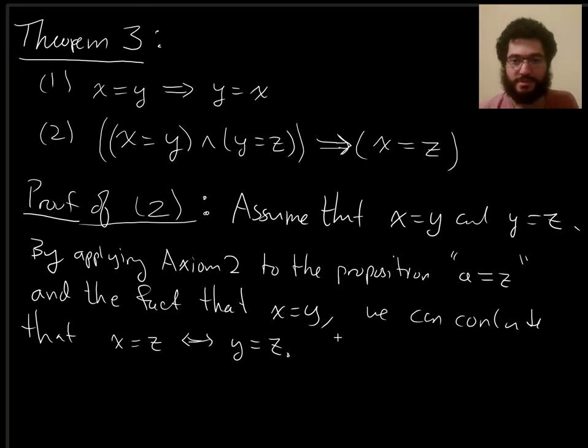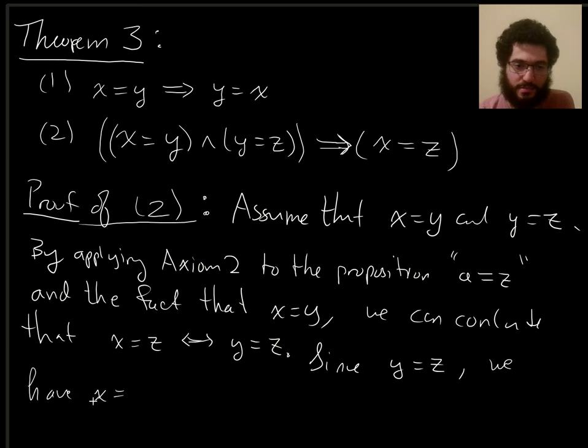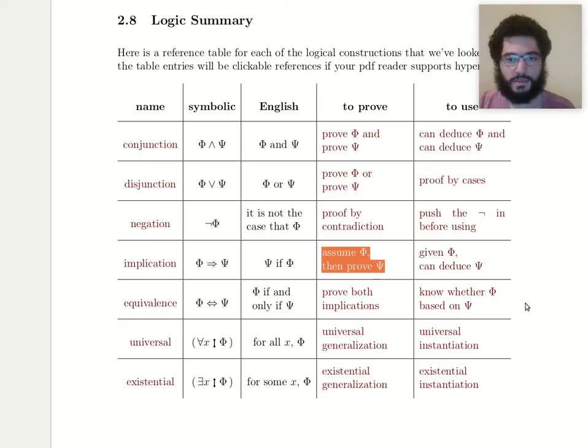Alright, great. So now, since y does in fact equal z, we have x equals z. What I'm using here is this idea: I have the equivalence that x equals z if and only if y equals z.